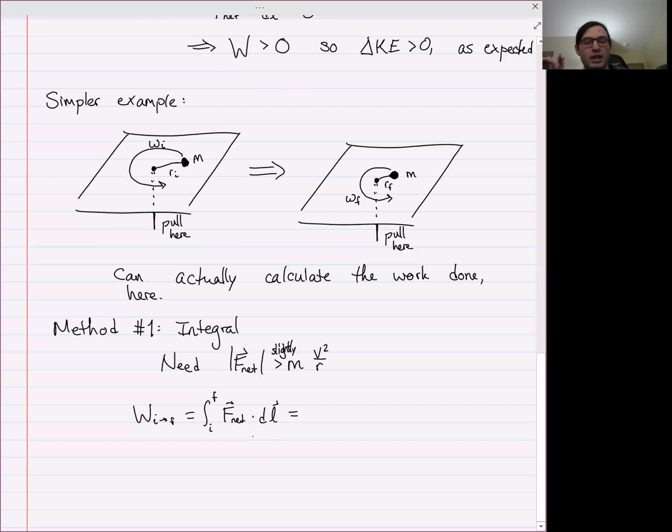We want to write this in terms of the radial coordinate r. And so the dl vector actually points in the negative dr direction. So what we really have is F net times negative dr.